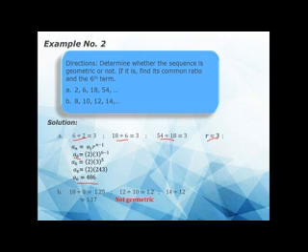Now, in our second sequence, we have picked all the consecutive terms and solved for their quotient. Now, we have discovered that their quotients are not the same. So, common ratio does not exist. Therefore, this particular sequence is not geometric.